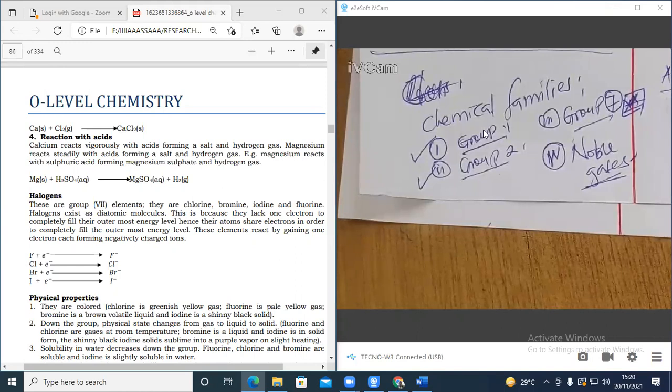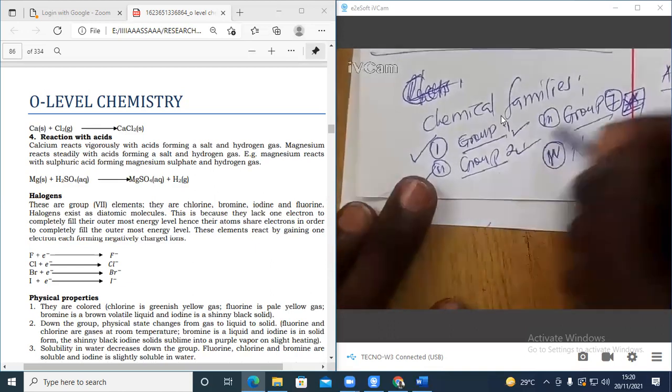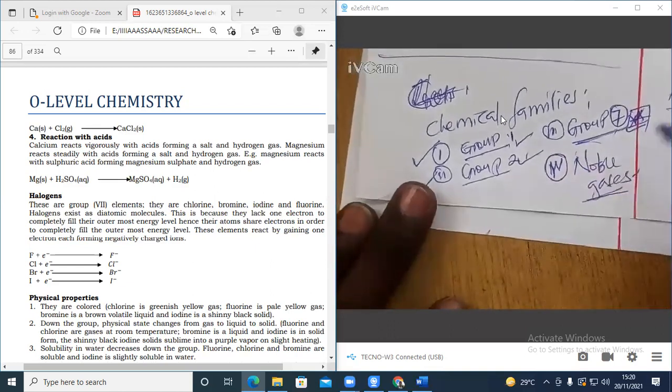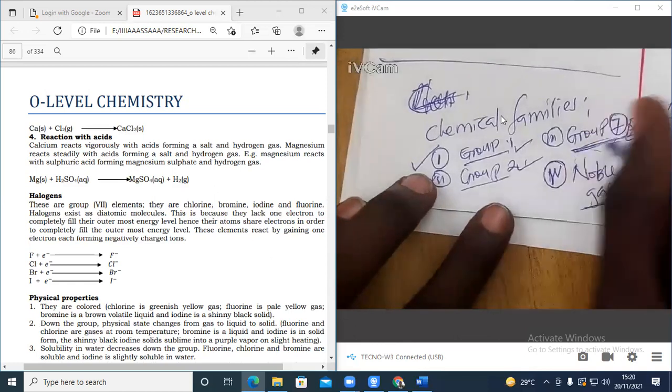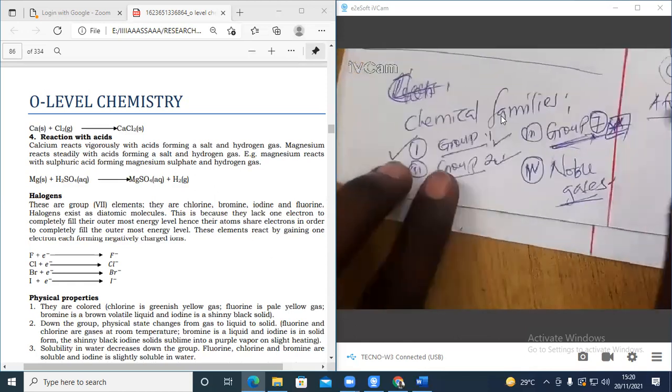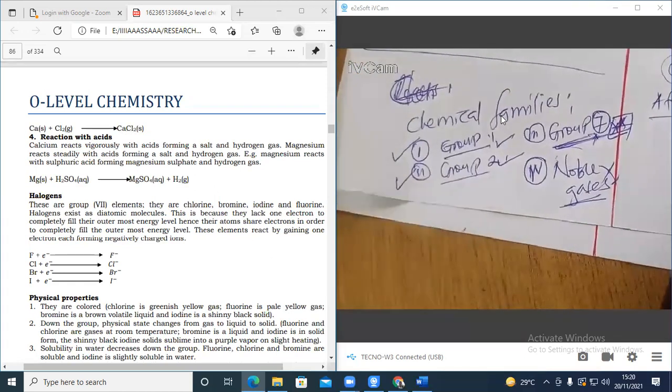So let me first put the book as a study material in this class, isn't it? Then somebody group 1, group 2, I will talk about group 7, but somebody can read, then maybe we'll talk about noble gases. Those are the 2. Then we conclude this.